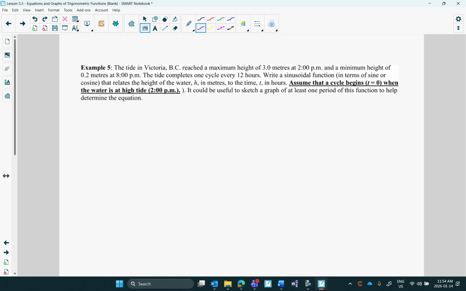You don't necessarily need to graph it. If you feel comfortable using all the information in the question to get your values of K, A, B, and H, go ahead. But I always like to sketch the graph because I find it a lot easier to get the equation from a graph than just from a bunch of words that have numbers in them.